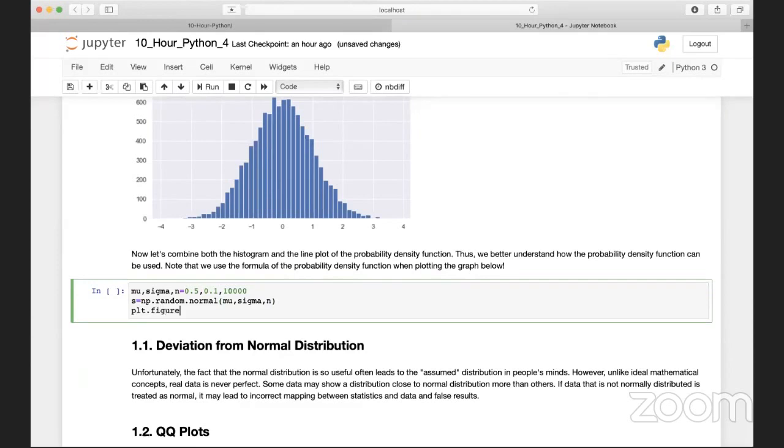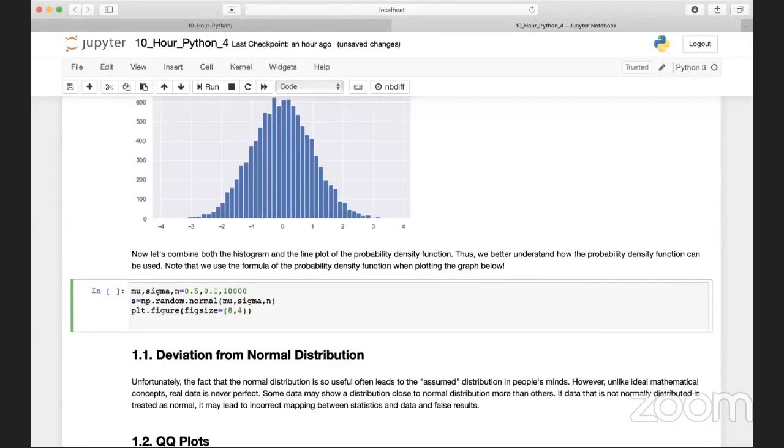plt dot figure. Figure size is again 8 and 4. I will draw the histogram, which is S. The S is the variable that I generated here.